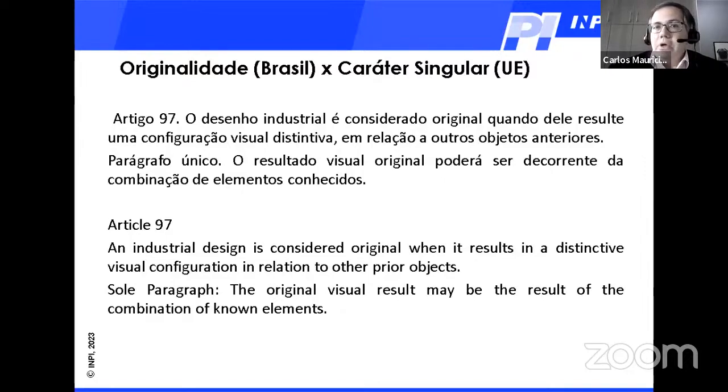Critérios de aferição da originalidade que são, a meu ver, estranhos ao nosso ordenamento, e que, portanto, precisa haver uma reflexão maior em relação à possibilidade ou não de utilizá-los e, entendendo por essa possibilidade, quais são os critérios para eles serem aplicados, principalmente em sede de prova pericial. Próximo, por favor.